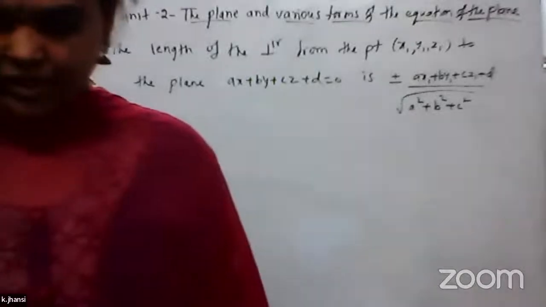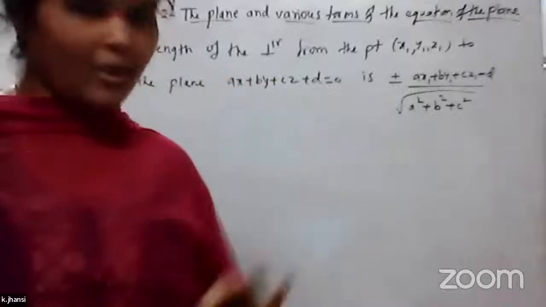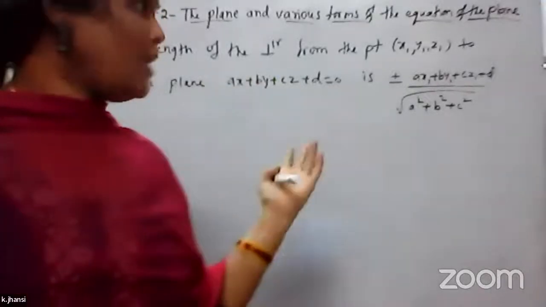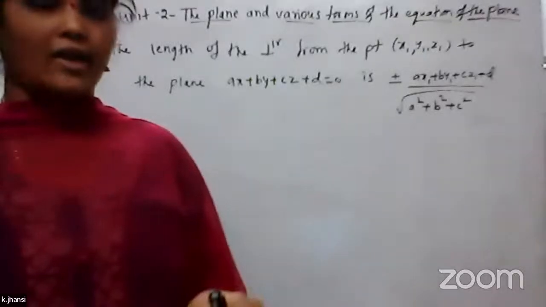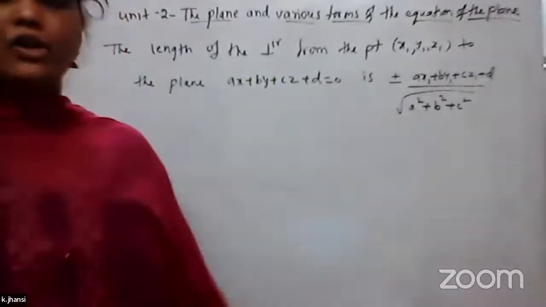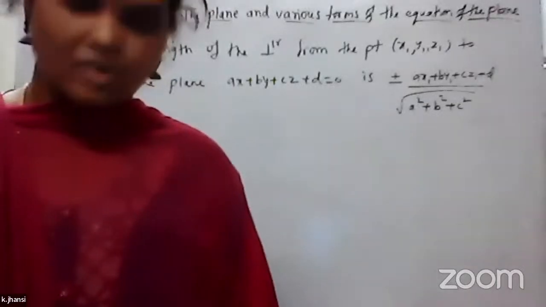So that problem will be there for the 10 marks question. Why? Because you will get 4 plane equations. From the 4 plane equations, you have to take any 2 plane equations and find the angle, and after finding the angle, check whether it is an acute angle or an obtuse angle.